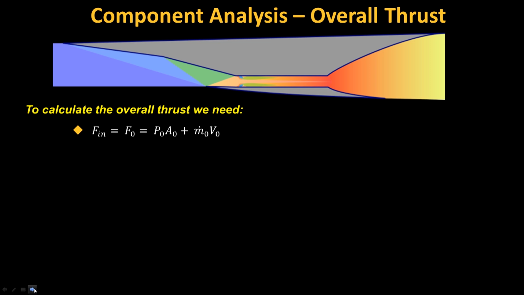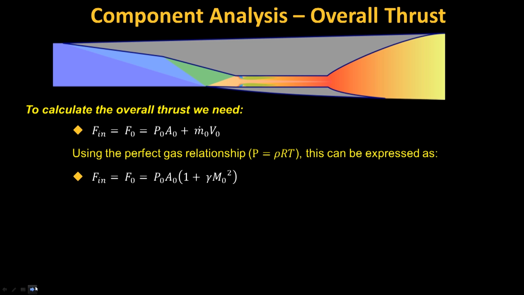The first term in the thrust equation is the inflow stream thrust, Fin. It is calculated based on the properties at station 0, where V0 is the flight velocity. We can use the perfect gas relation to determine Fin in terms of P0, A0, M0, and the ratio of specific heats gamma. The other term in the thrust equation is Fout.